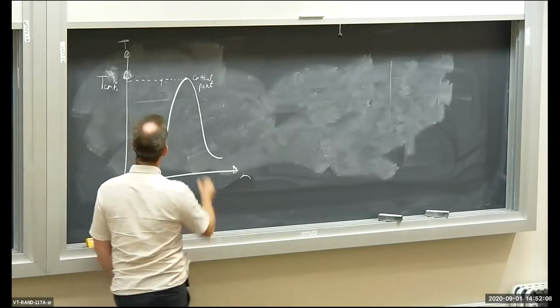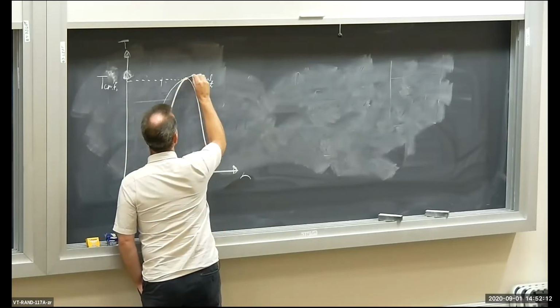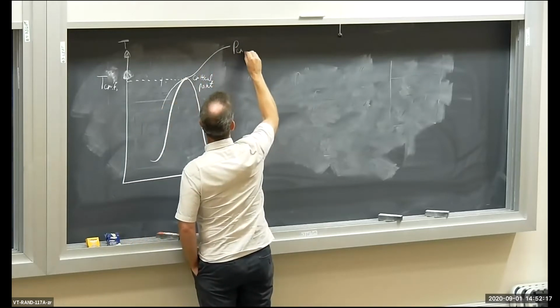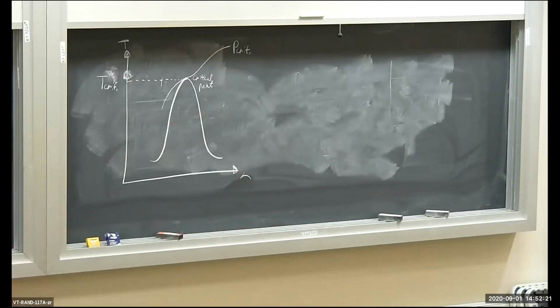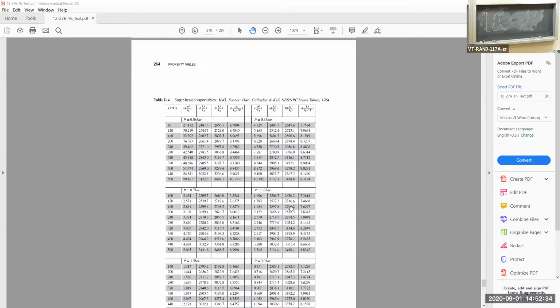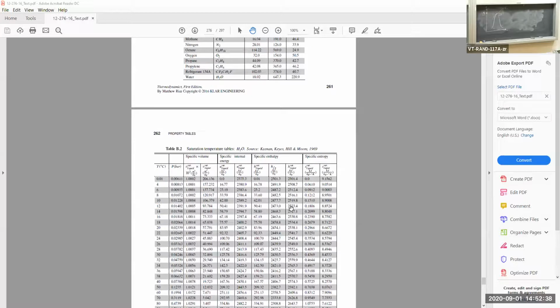And there's also an isobar that goes right through the very top of the dome. So this is the P critical isobar, okay? And if you recall, where do we get these critical temperatures and pressures? Let's have a look. So we've got our superheated vapor table, saturation pressure, saturation temperature.